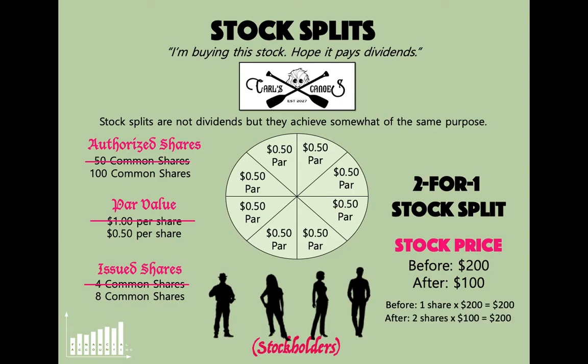So before, we had 1 share that was $200 and my investment would have been $200, but after, I will have 2 shares if I'm one of the stockholders. The market price is going to be $100 then, so my overall investment is still $200. It's not going to affect my overall investment immediately. In the long term, if they were able to increase the stock price over time again, I have more shares and I will have a greater investment.